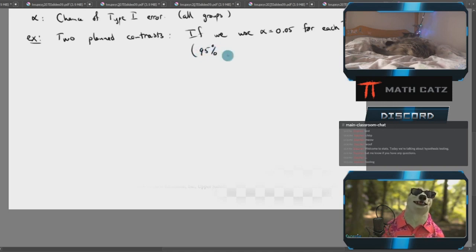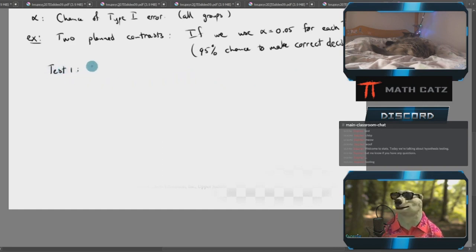So let's instead focus on that. 95% chance to make the correct decision. Okay, but now I have two of these. So for test 1, I have 95% confidence in my decision. Test 2 is also 95% confident.